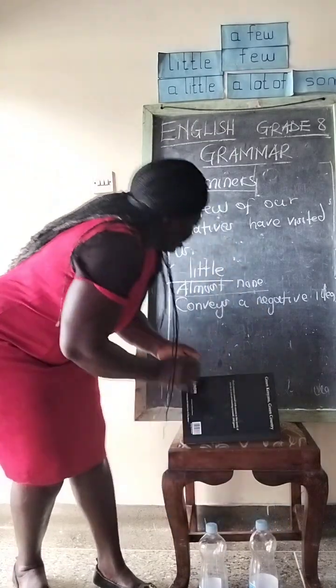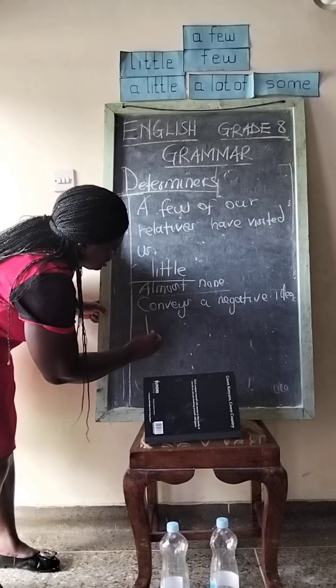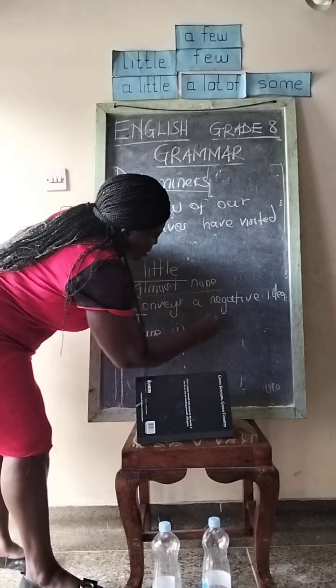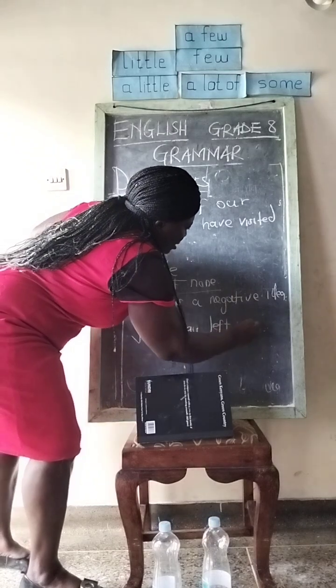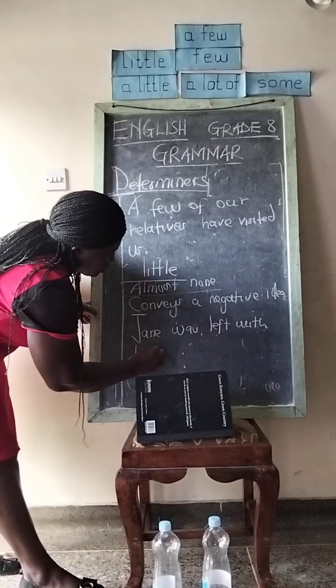Little conveys a negative idea. So you can say, Jane was left with little water.